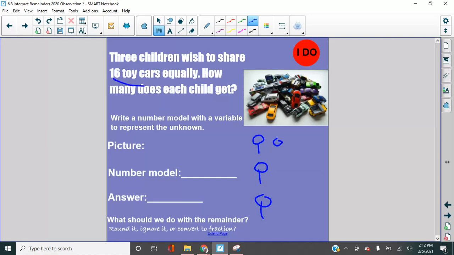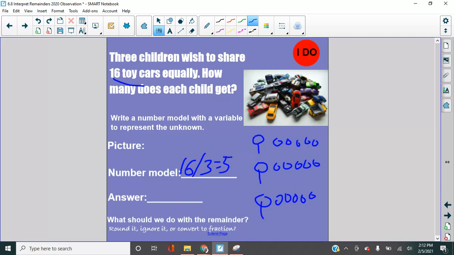Here's going to be my cars. 1, 2, 3, 4, 5, 6. You can count these. 13, 14, 15. So I have 1 extra, right? My number model here is 16 divided by 3 equals, well, each kid gets 5.